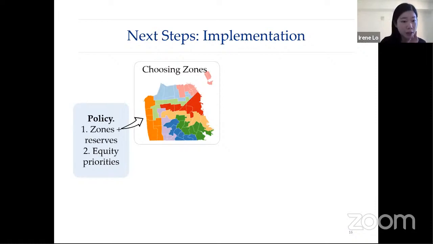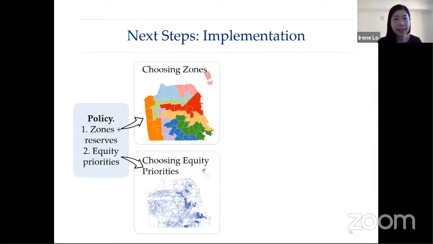And so we're working with the district on bringing together community input and putting together the zone boundaries. The second thing is choosing equity priorities. We have evidence that the historical equity priorities, put together in 2010, are no longer necessarily targeting the right students. And so that's something we're also working on with the district.